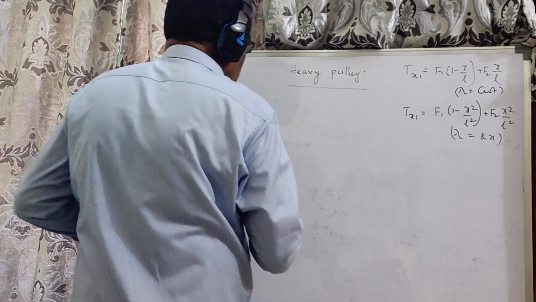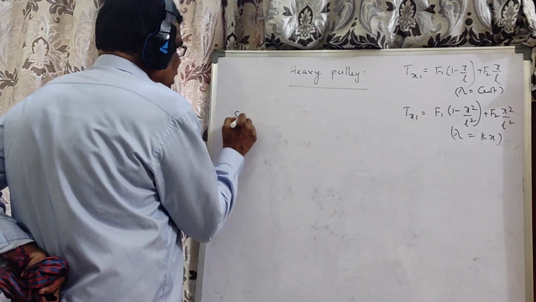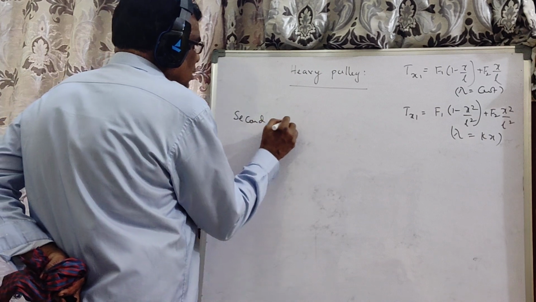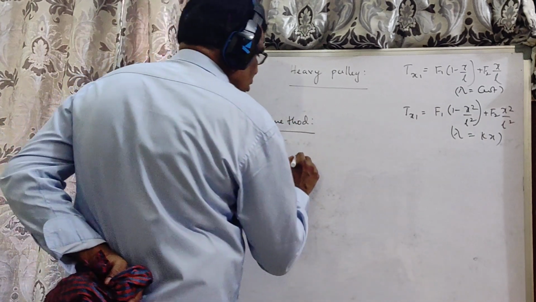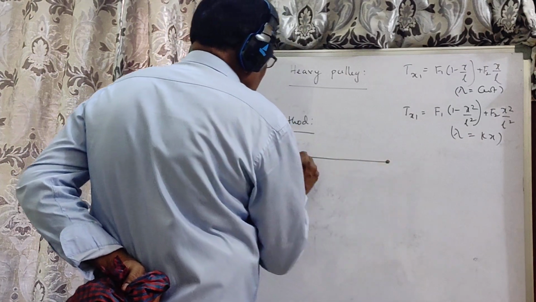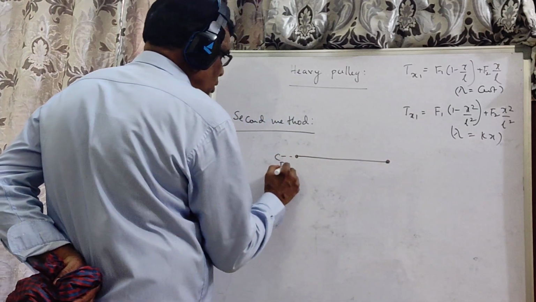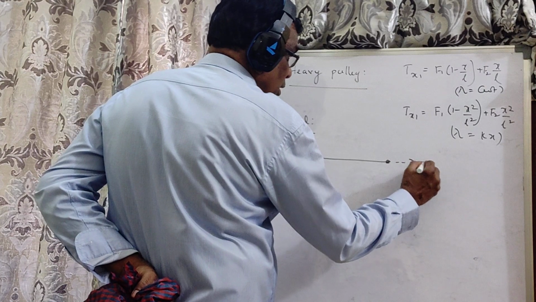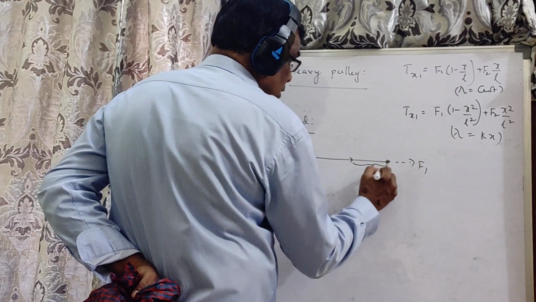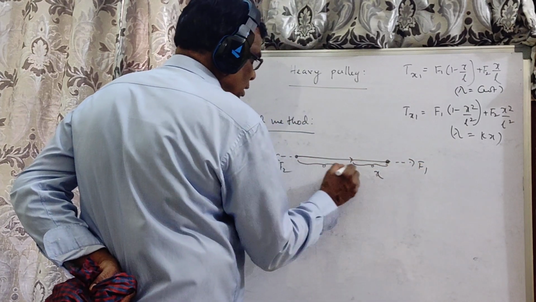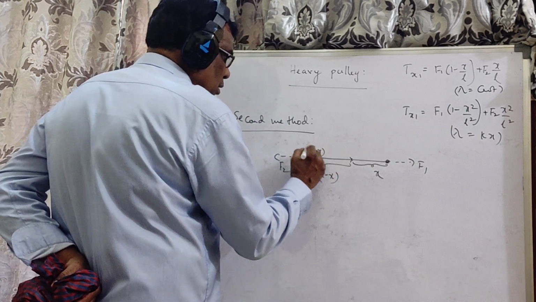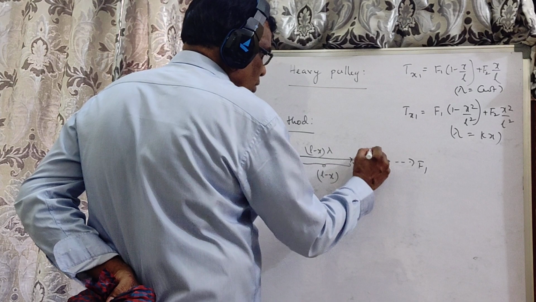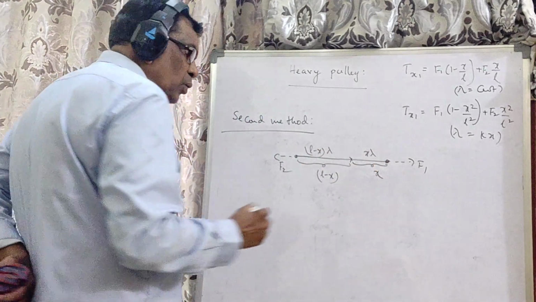The other one that you can avoid, the second method. I use that first method. Now here I have F2 here, F1 here, x here. What is this? L minus x. What is the mass of this? What is the mass of this? What do I do?